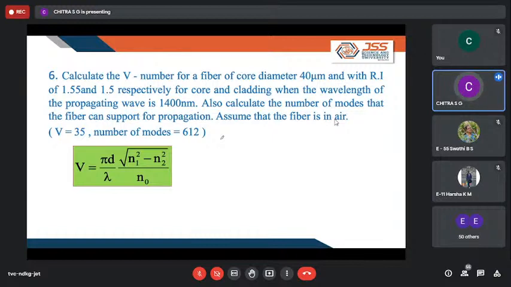Also calculate the number of modes that the fiber can support for propagation, and assume that the fiber is in air.